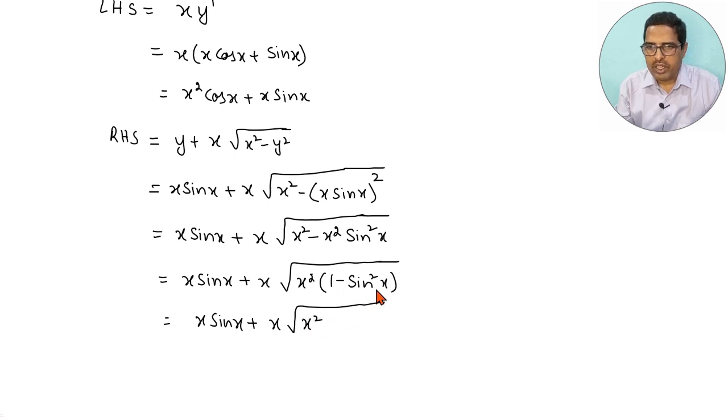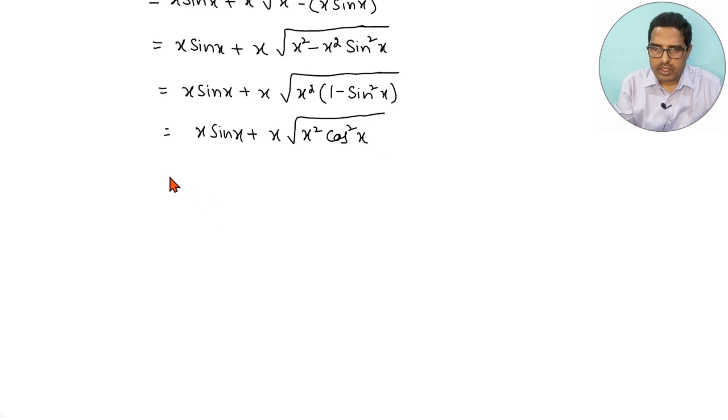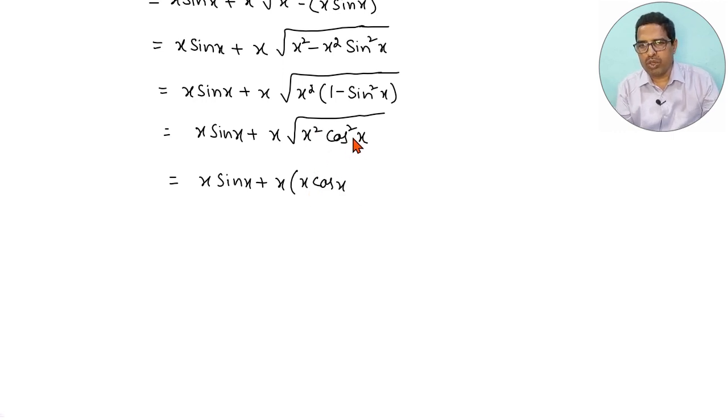What is 1 minus sine square of x? 1 minus sine square of x will be cos square of x. Writing this value as it is, square root of x square will be x only. The square and roots will cancel out. We'll just be getting x into cos of x. So root of x square is x and root of cos square of x is cos x.